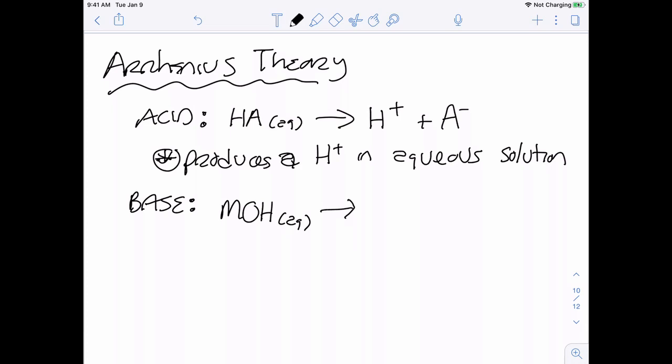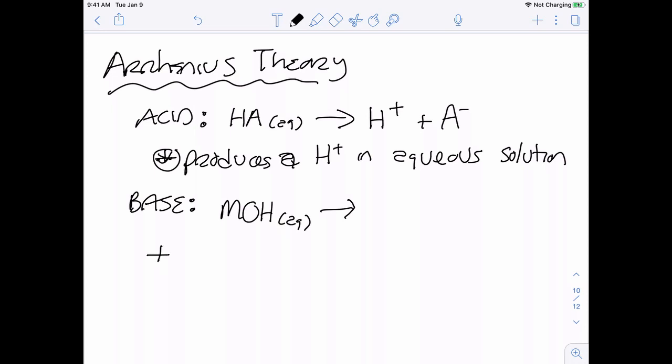There's a lot of species that are basic that don't have hydroxide, ammonia being a really common one, NH3. You're not going to put NH3 in water and have it dissociate into hydroxide ions. We can get a hydroxide, but it's coming from the water, not the ammonia itself.